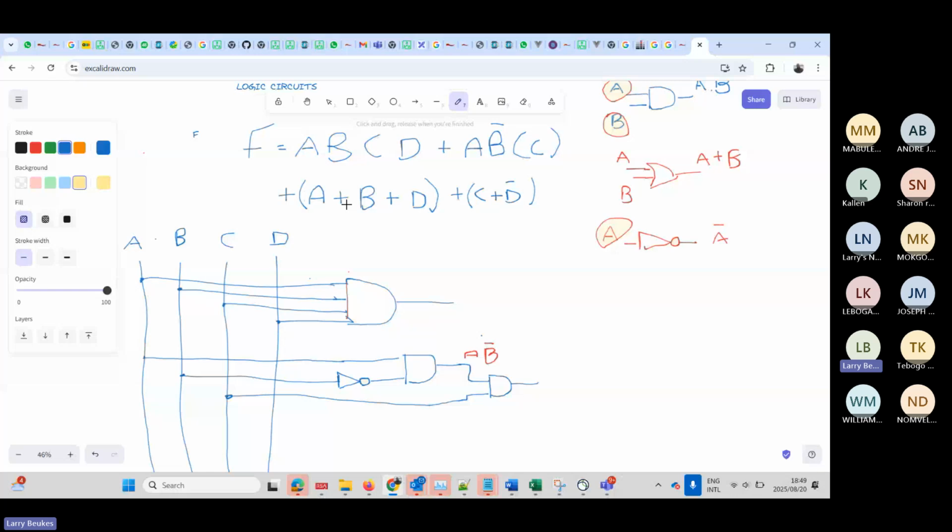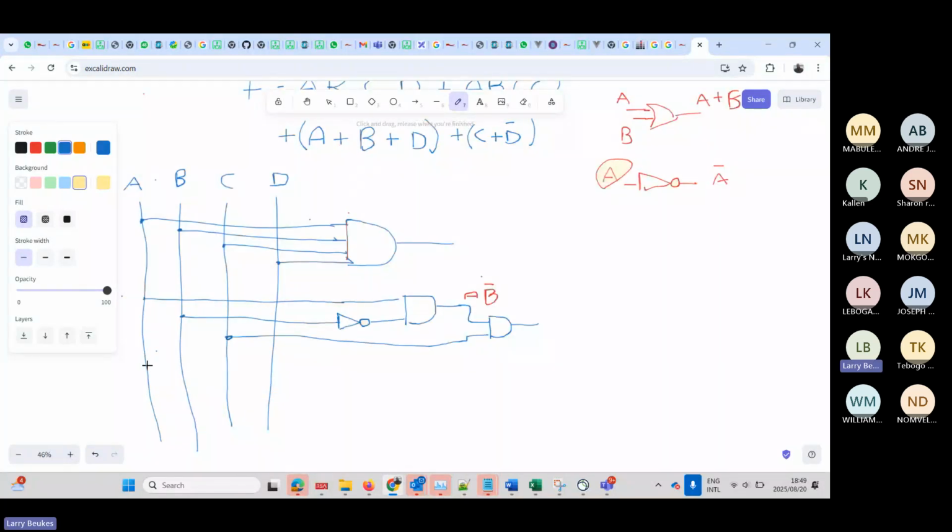So we're going to conduct from A, then B, then D. This is a 3-input OR gate.